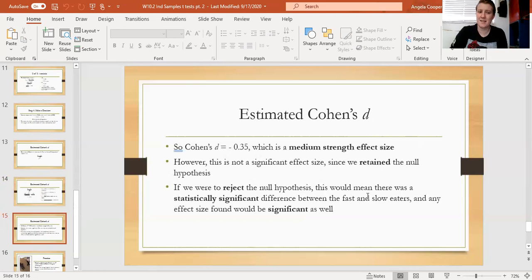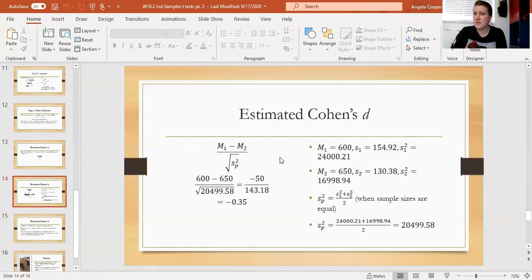Because remember, like I said earlier in this lesson, it doesn't matter what group you put as group 1 and what group you put as group 2. I just happen to put the slow eaters as group 1 and the fast eaters as group 2, but I could have just as easily done it the opposite, where the fast group was group 1 and the slow group was group 2.